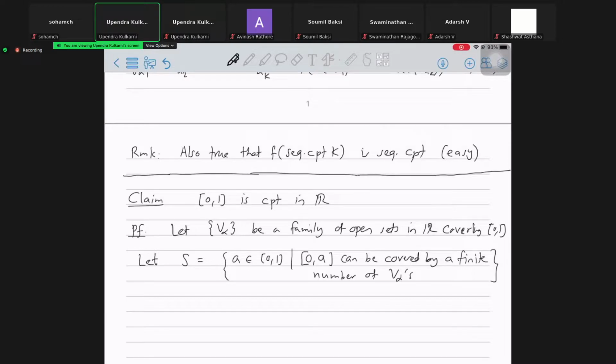So you might call the points of S good points. And what is our goal? So what is it that we want to show? A equal to 1. So if I call the set S the good points, let's say, just informally, then I want to show that 1 is good. So that is, 1 is in S. Just look at the definition.